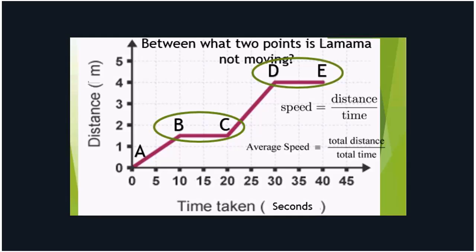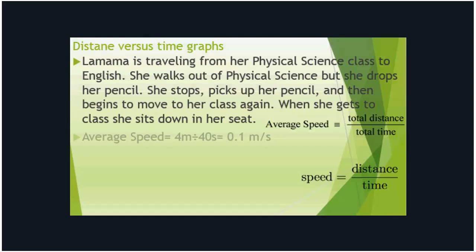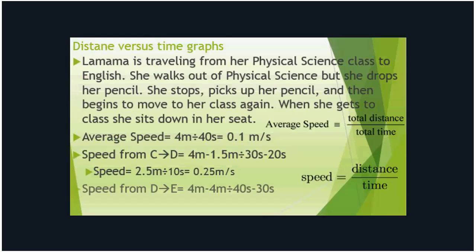So we have to do a little bit of math. We're going to take distance divided by time. I take 4 minus 4, all divided by 40 seconds minus 30 seconds. So you'll get 0 meters divided by 10 seconds gives you 0 meters per second, because 0 divided by any number gives you a 0, so she wasn't moving.